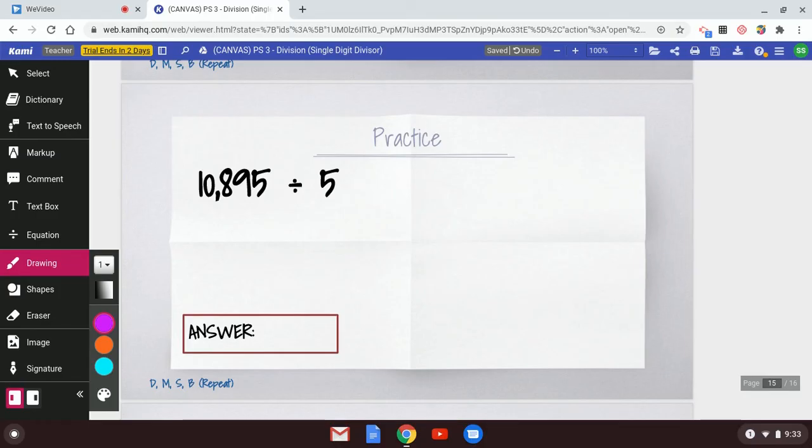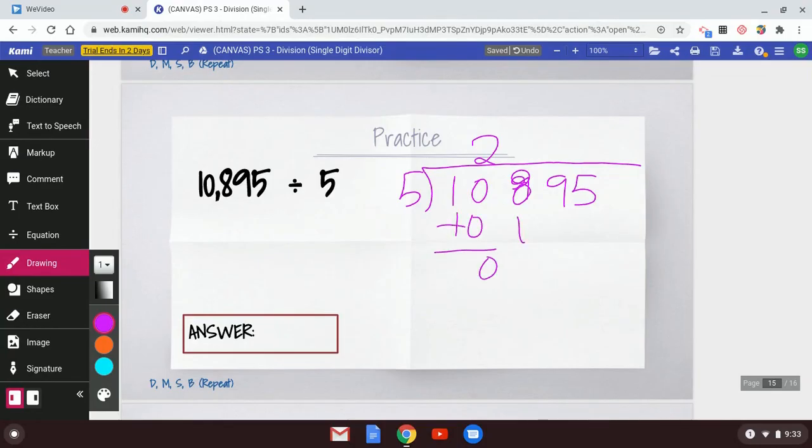All right, let's do the vertical algorithm. 8, 9, 5. All right, check your work. Let's see. 5 goes into 10 2 times. Bring down that 8. 5 goes into 8 1 time.